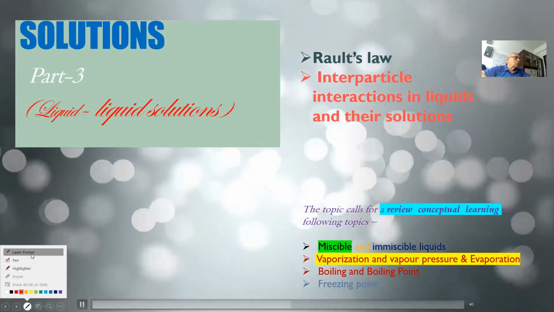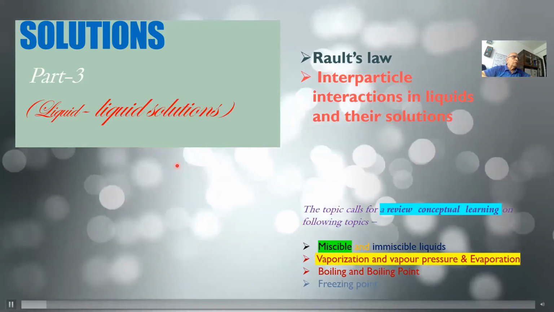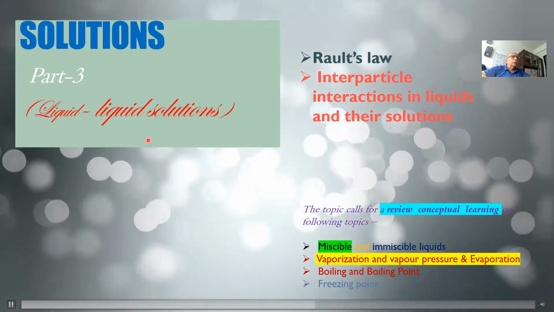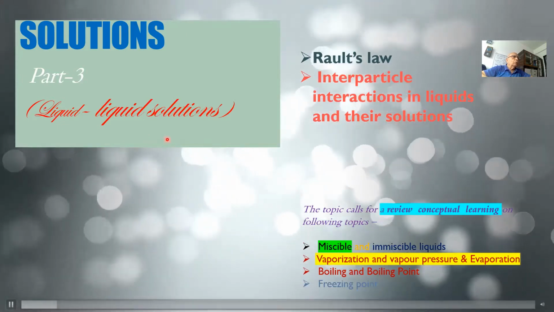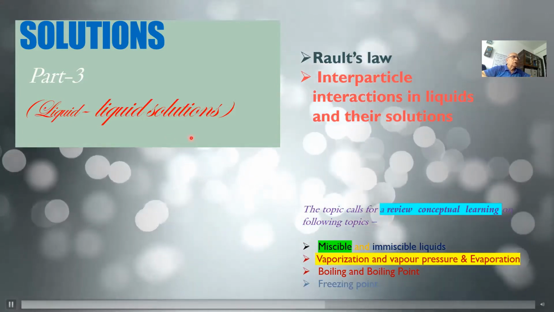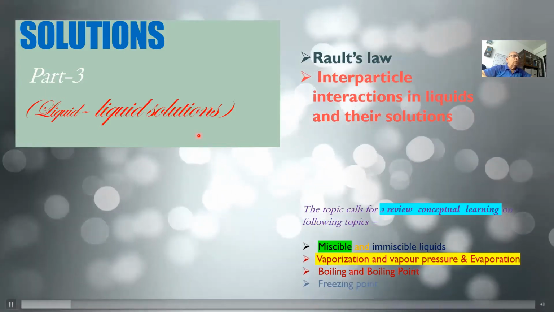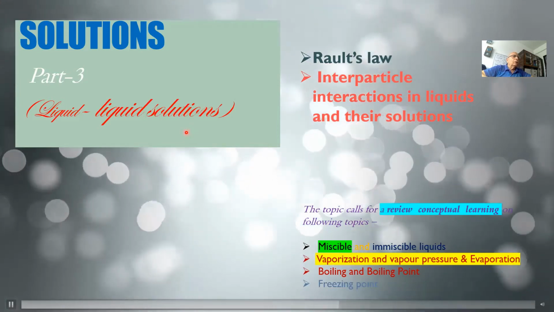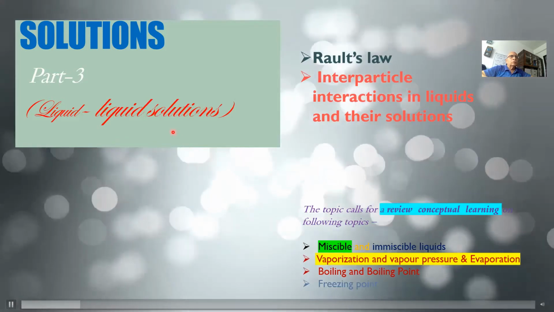Liquids also get mixed up with each other, but there are a number of liquids which do not get mixed up. They do not form a solution. They remain heterogeneous. As we know, we term a solution when the components which are being mixed become homogeneous.